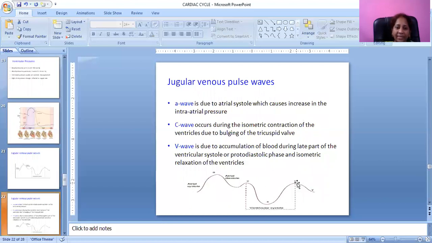Then V wave. V wave is due to accumulation of blood during late part of ventricular systole or protodiastolic phase or isovolumetric relaxation of ventricles.